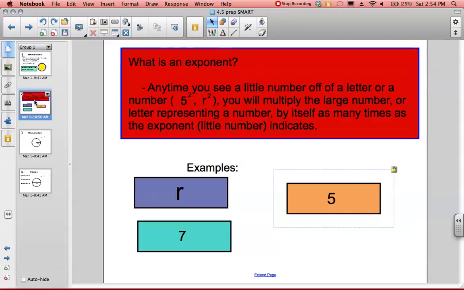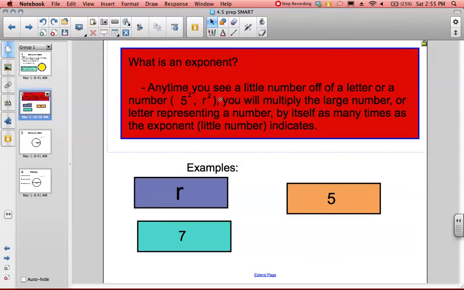What is an exponent? Anytime you see a little number off of a letter or a number, in this case the examples I've used were 5 squared or r squared, you'll multiply the large number or letter representing a number, in this case we use the r, by itself as many times as the exponent or little number indicates.